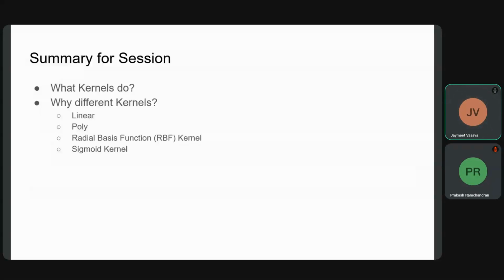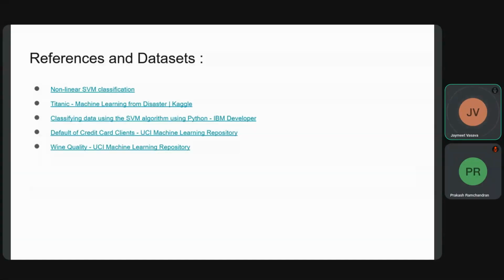And we used all four of them on a simple data set, iris, and got the performance of each individual kernel as well as the best kernel using grid search CV. So this was it for the session on the kernels used in SVM.